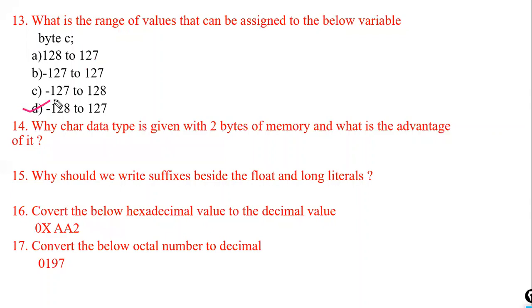Before the Unicode representation, in C or C++ programming language, C follows ASCII representation. And in ASCII representation, character is given 1 byte of memory. The major problem with ASCII representation is it does not support all the human languages. So ASCII supports only a few of the languages.